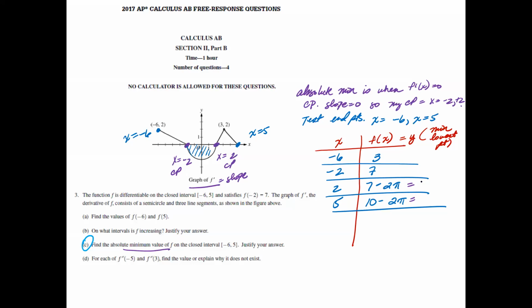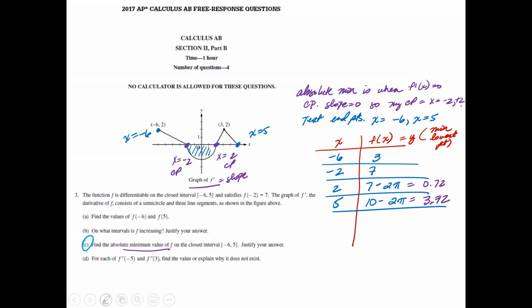Okay, so if I do 7 minus 2 times 3.14, I will have a 0.72. Do the same thing with 10 minus 6.28. It's going to give me a 3.72.